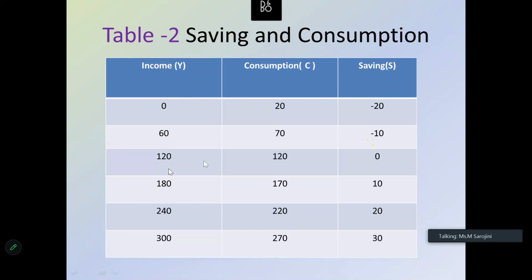Their consumption also increases from 70 to 120. In this stage, their income is enough to manage their consumption. This point indicates their income is enough to manage their consumption. Therefore, there is no savings. The whole income is utilized for the consumption purposes.